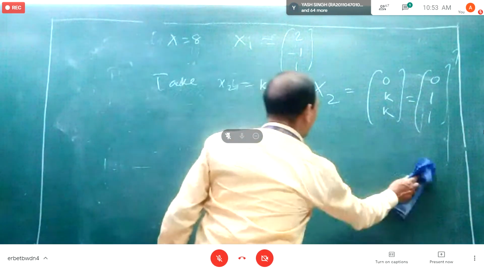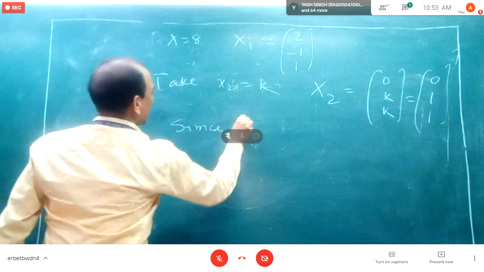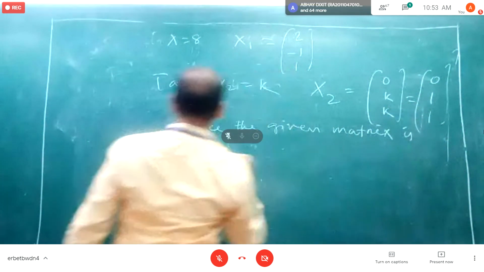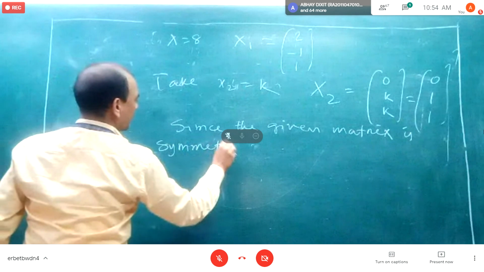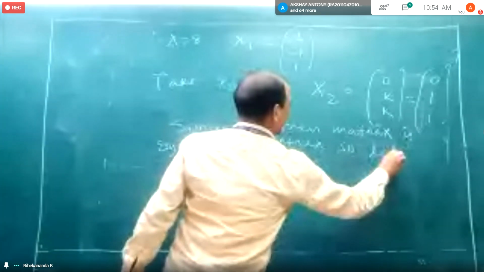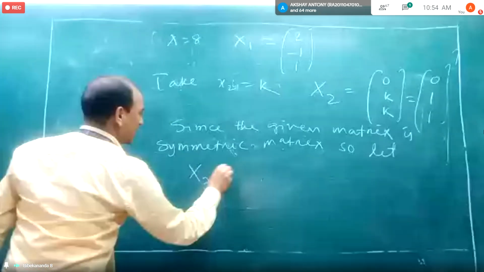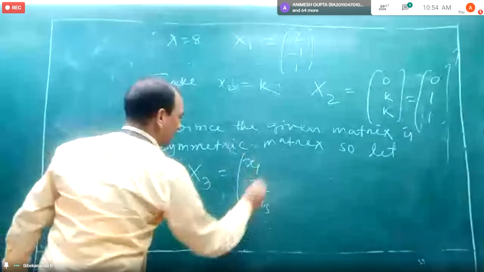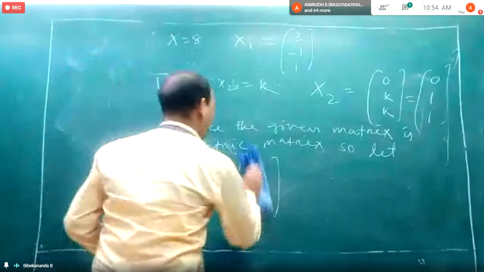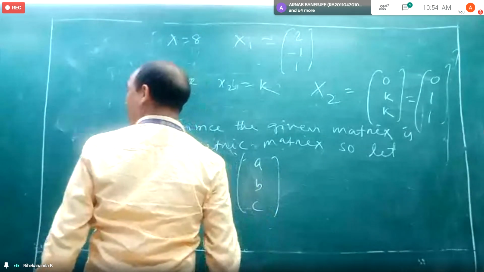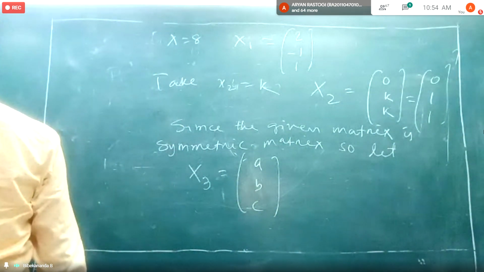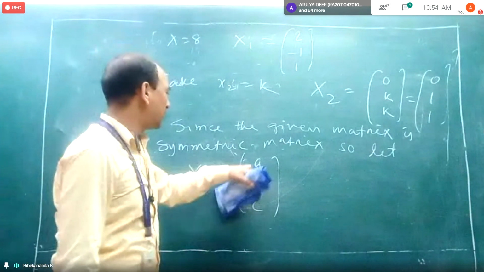So what we will do, since the given matrix is a symmetric matrix, let x3 equal to (a, b, c). Okay? Or you can consider x3 equal to a, b, c.